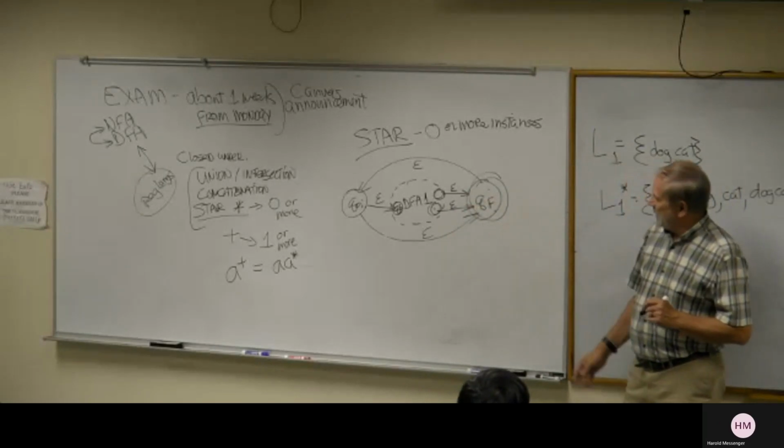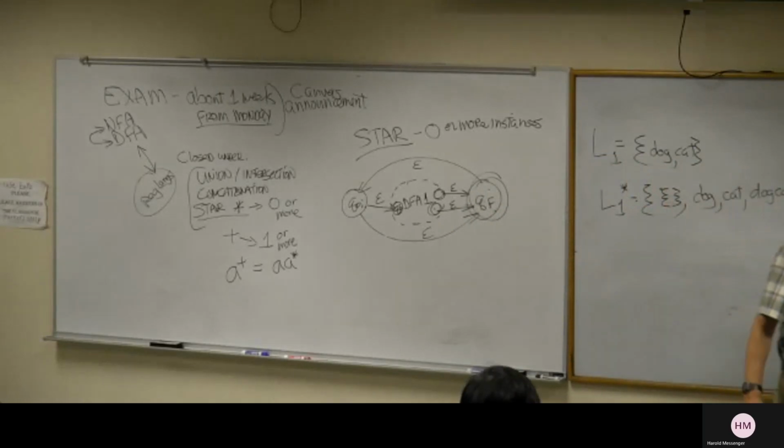Question, comment. So I understand how we're able to combine the DFAs through union, but what's the difference between that and intersection? Because I'm trying to figure out that last little step to get to the accepting state, but I can't get it.